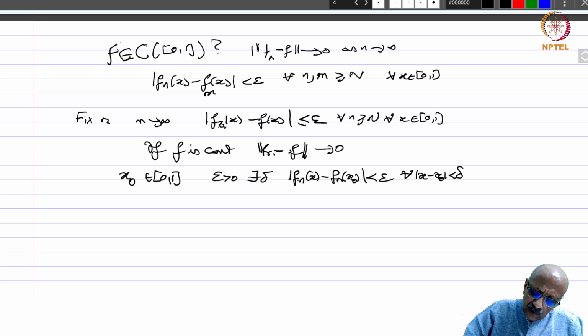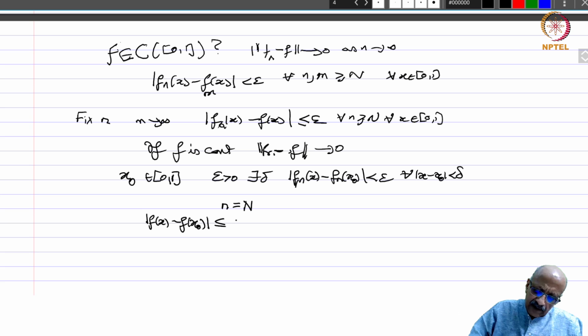So this is true. In particular, I am going to do it for n equals capital N, and choose this delta. Now you look at |f(x) - f(x naught)|.